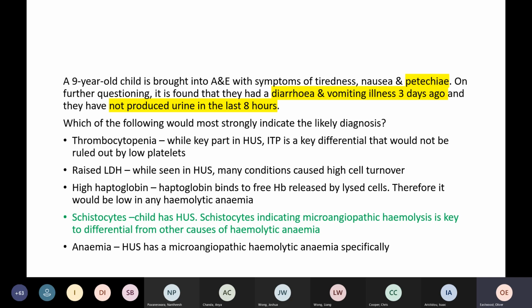Any microangiopathic hemolysis will cause schistocytes by mechanical shearing. So the key thing is that thrombocytopenia can be seen in ITP as well, but schistocytes are very specific for microangiopathic hemolysis, which in kids you basically think of as hemolytic uremic syndrome.